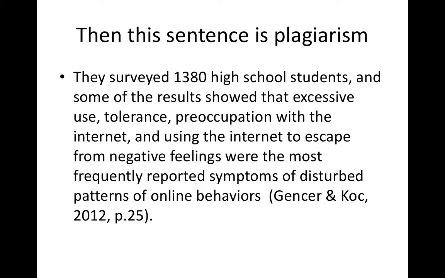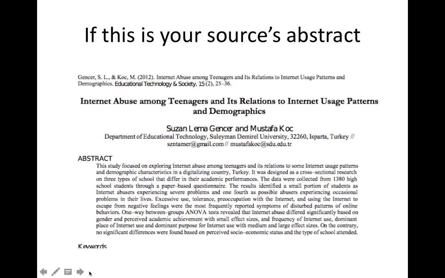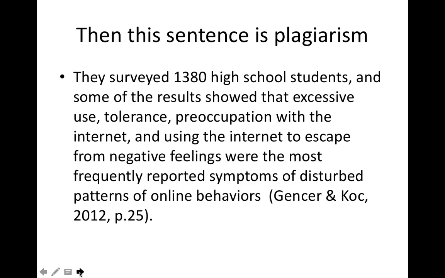"Using the internet to escape from negative feelings were the most frequently reported symptoms of disturbed patterns of online behaviors." So notice that what they did is they just pulled a big old hunk of language straight from this citation and included it without quotation marks. That is not a responsible use of a source. That is plagiarism. You need to either quote it or paraphrase it, right?